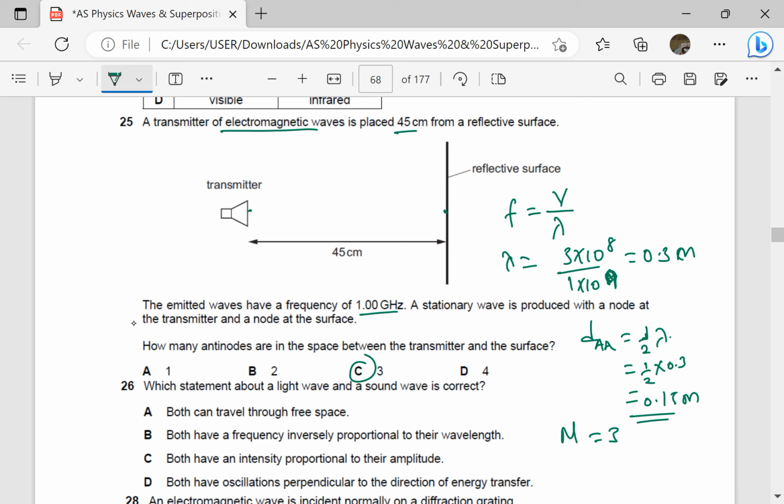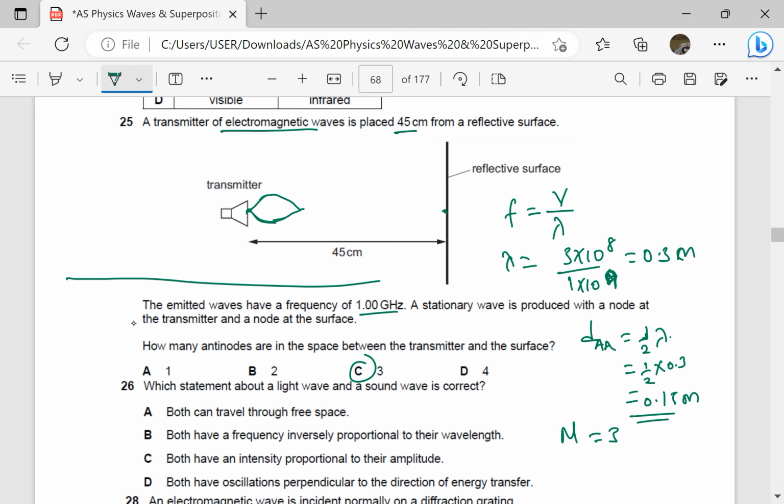We can check manually. If there is a node here and a node here, and the distance between every antinode is 0.15 or 15 centimeters.